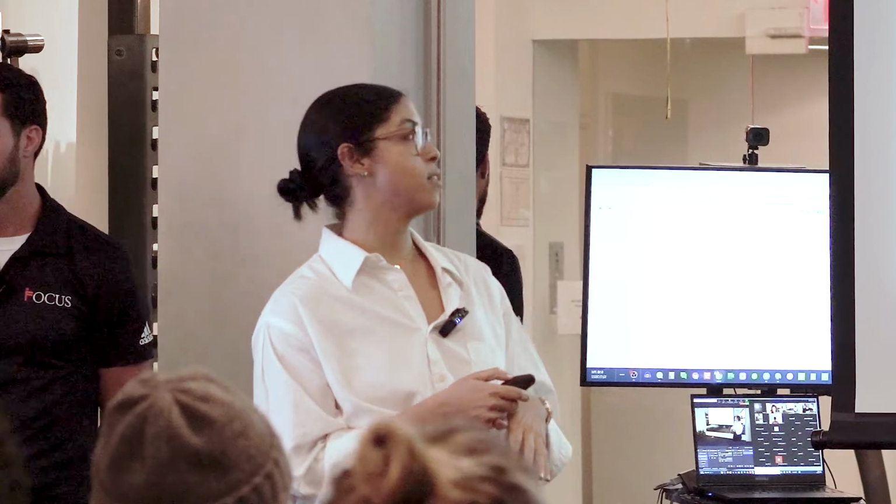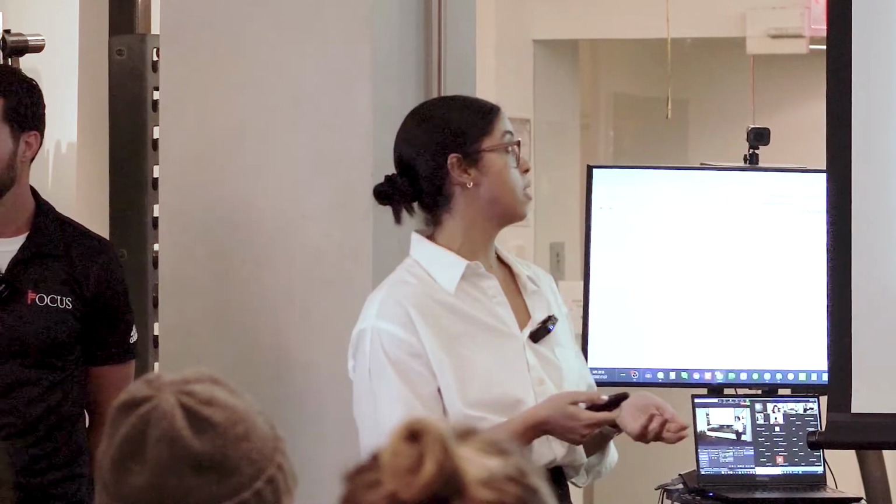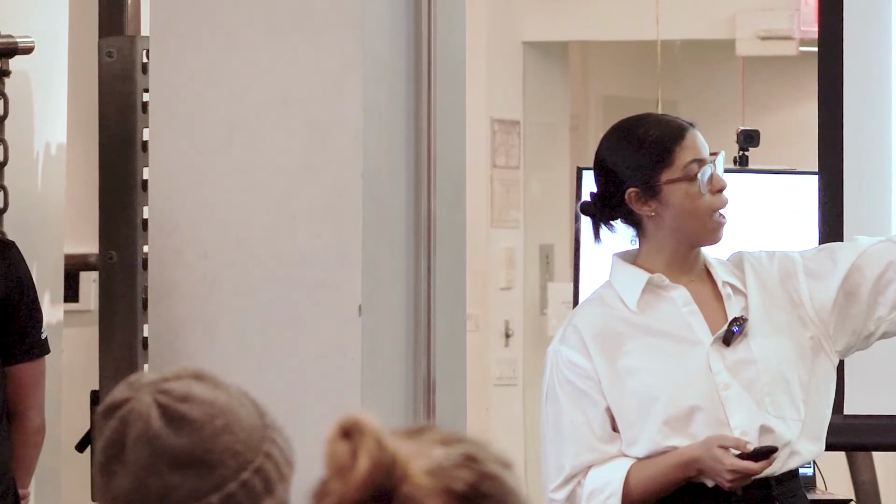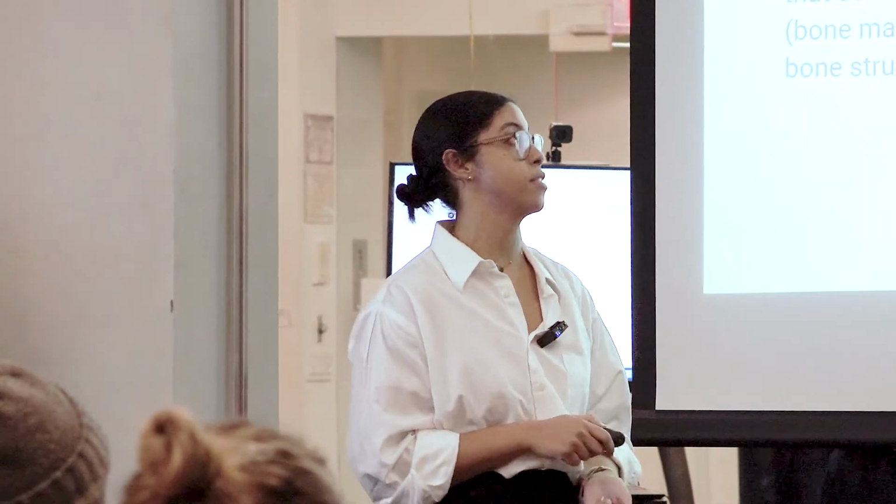So this is described as a progressive metabolic bone disease in which bone mineral density, or the bone mass itself, is going to be decreased, and it's going to lead to deterioration and bone fractures. Like we see here, this is what a healthy looking bone should be. And on this side, we have that porosity happening, and that's where the bone is going to get weak and more prone to fractures.